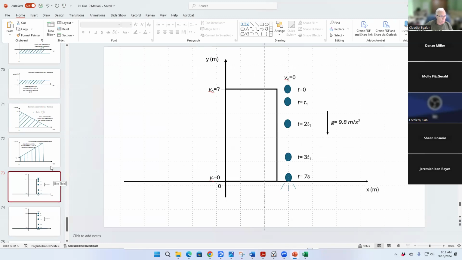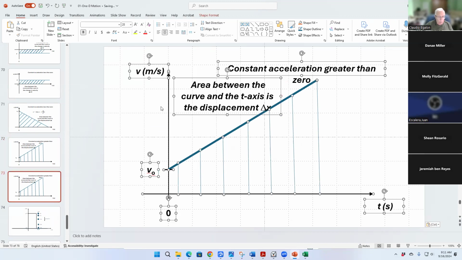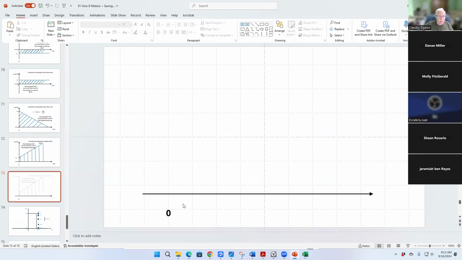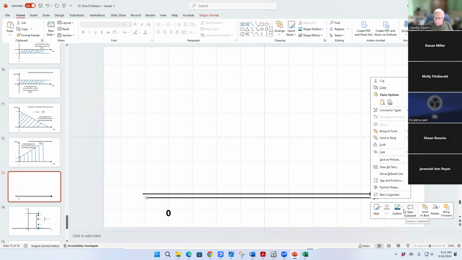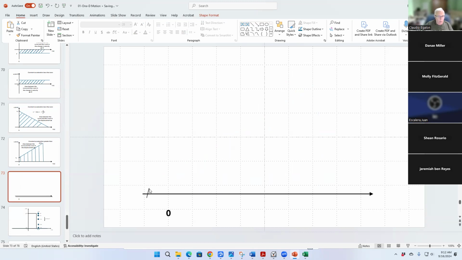Now I'm going to put some dashes here. Here's the origin of my axis, I'm going to put this 0.